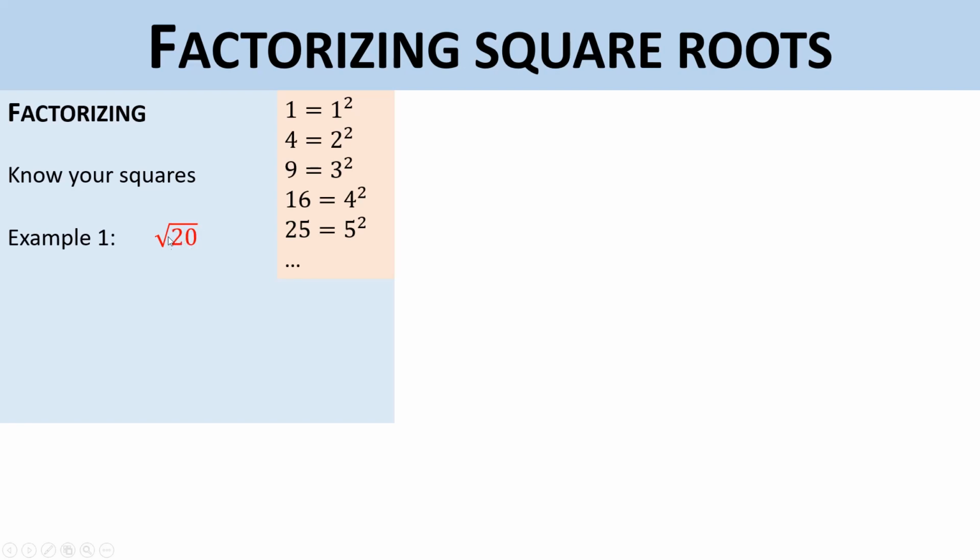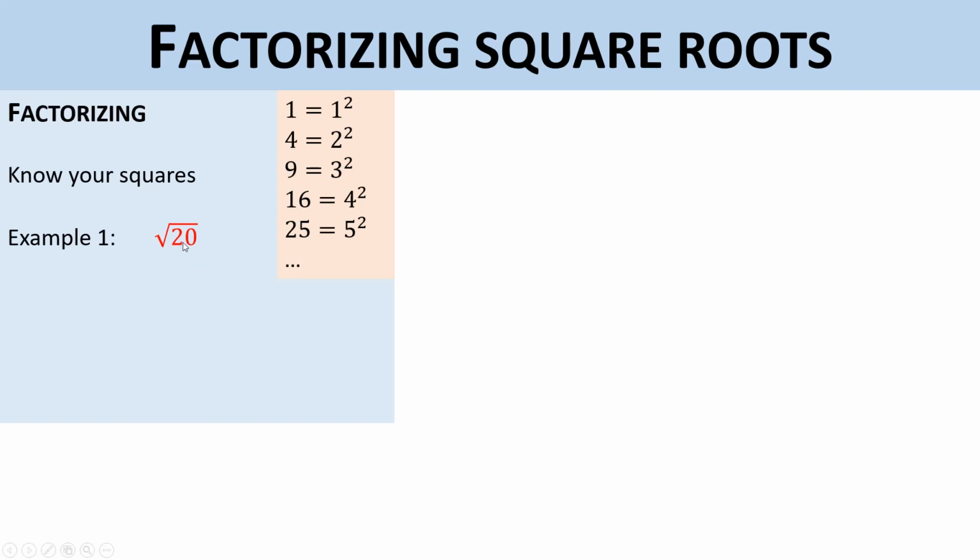So we're going to see if we can change this into an expression where we have a smaller number underneath the square root sign. And in order to do that, we're going to check if we can divide this number, so 20 in this case, by one of the numbers in this list, so by 1, 4, 9, and so on.